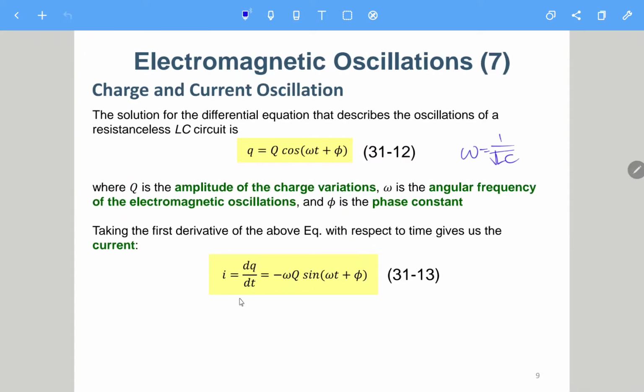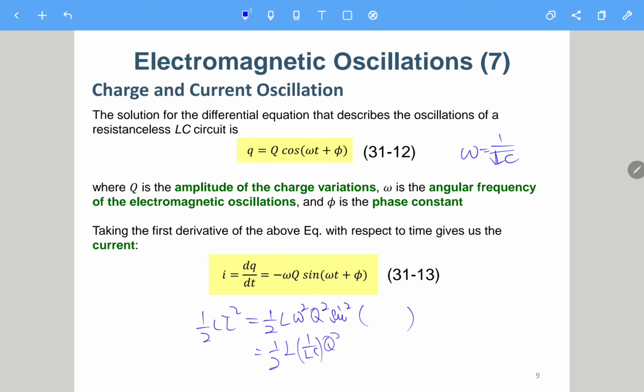Actually you can just find it here. Half of L i squared will be half of L, and here we have a square, so the negative squared will be positive. So we have omega squared Q squared sine squared of this term, and then don't forget omega is 1 over square root of LC, so omega squared is 1 over LC.